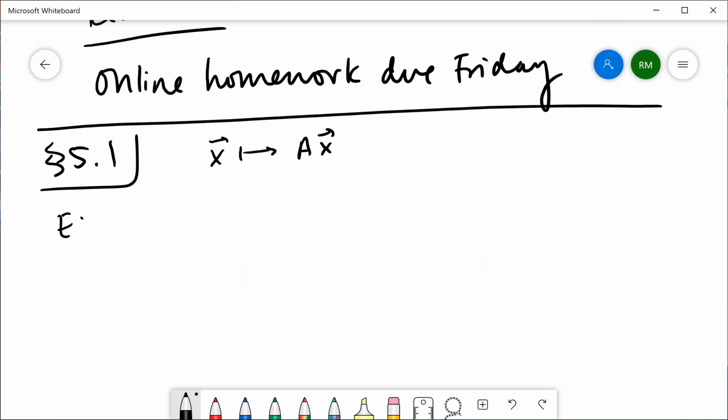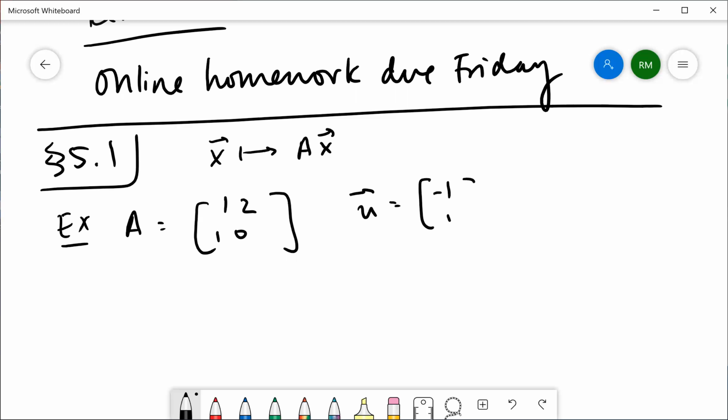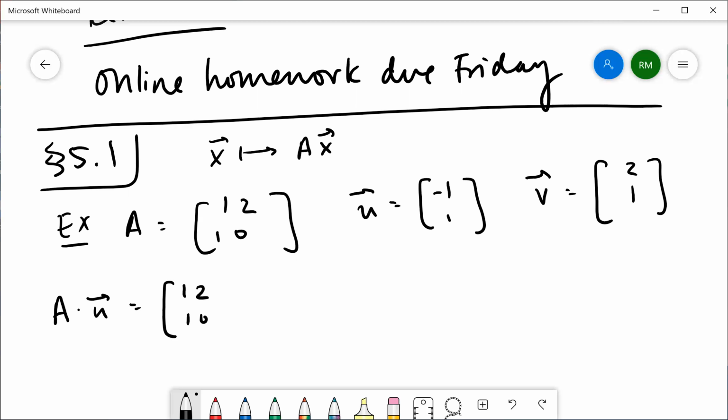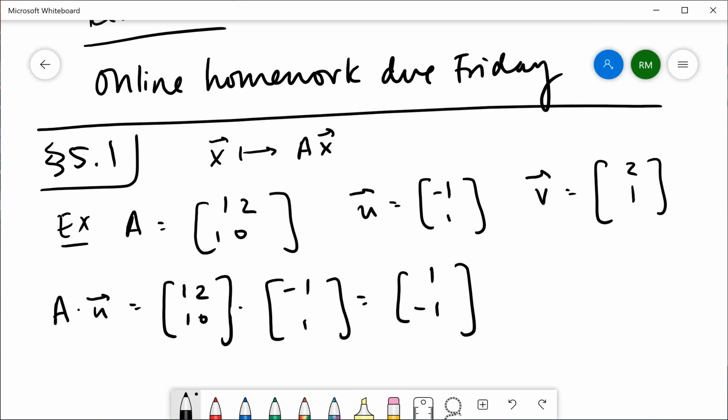Let's do an example where we have the matrix 1, 2, 1, 0, and we have the vector u and the vector v. And let's look at the matrix A times the vector u, and what this should give us is the vector 1, negative 1.